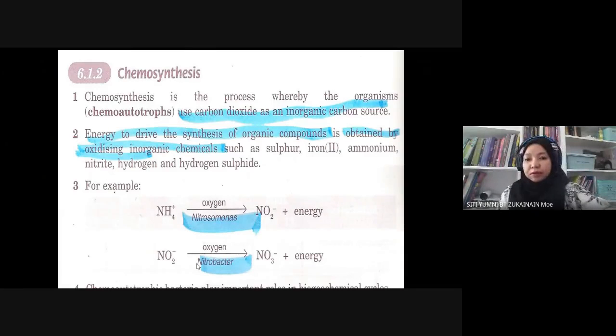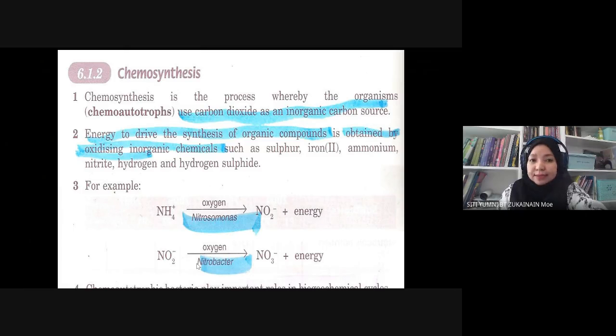So here about chemosynthesis or chemoautotroph. If you can read there, it is the process whereby the chemoautotroph organisms use carbon dioxide as an inorganic carbon source. A chemoautotroph is an organism that obtains energy from oxidizing inorganic chemicals to synthesize complex organic molecules using carbon dioxide as an inorganic carbon source.